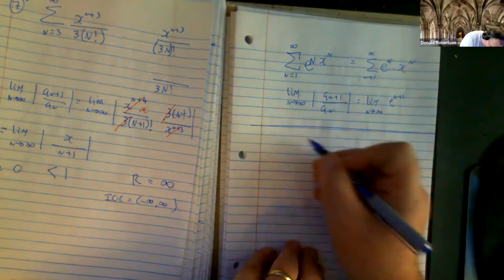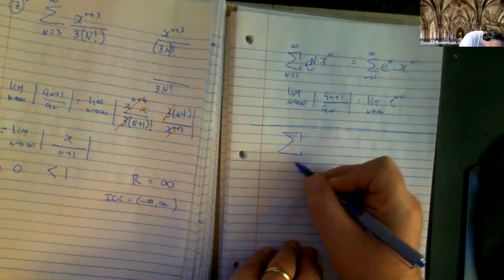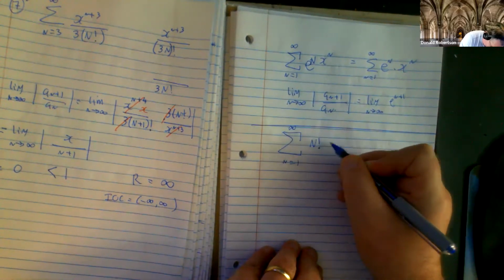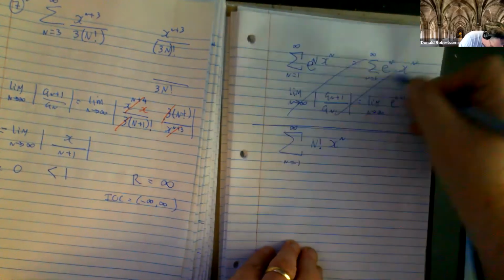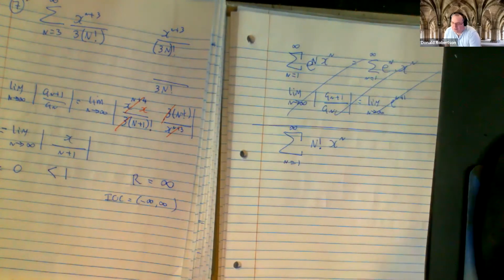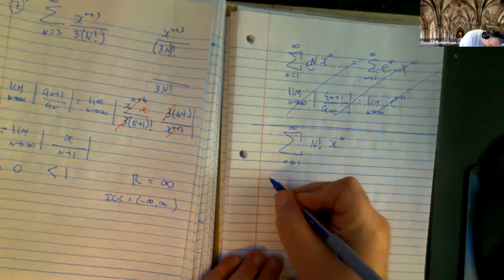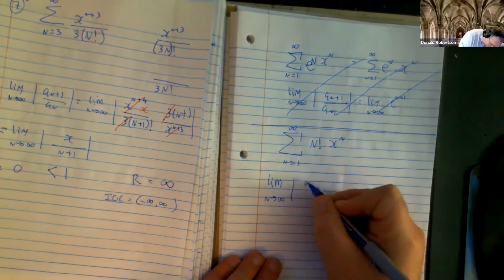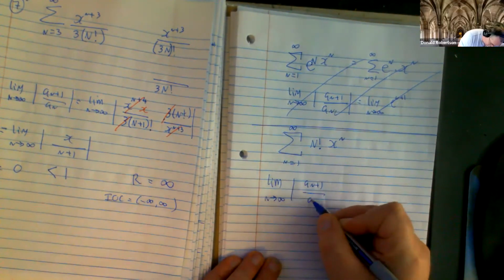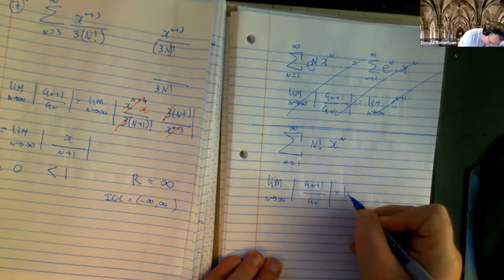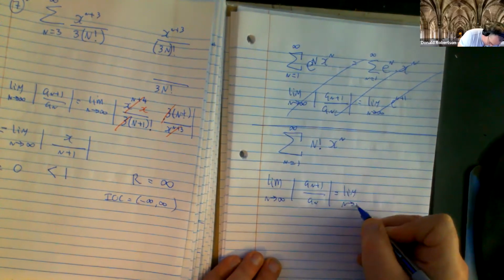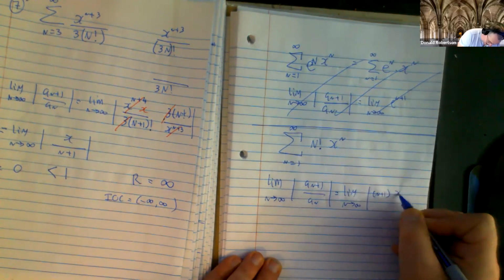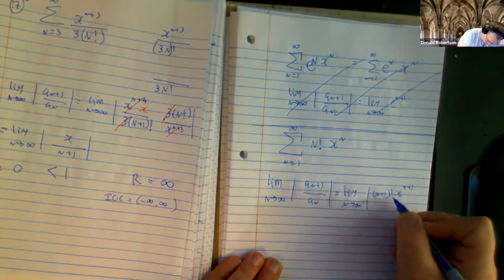Okay. When all else fails, use factorials. The limit as n tends to infinity of a_(n+1) over a_n becomes the limit as n tends to infinity of (n plus 1) factorial times x to the n plus 1, right?